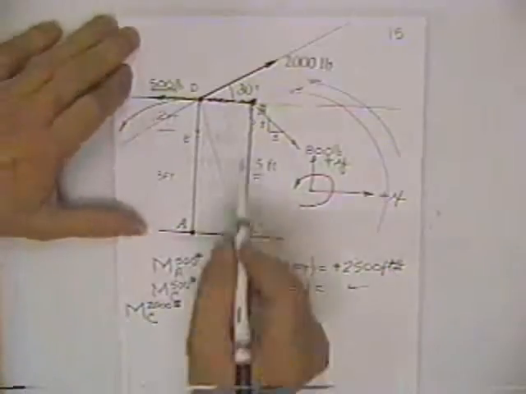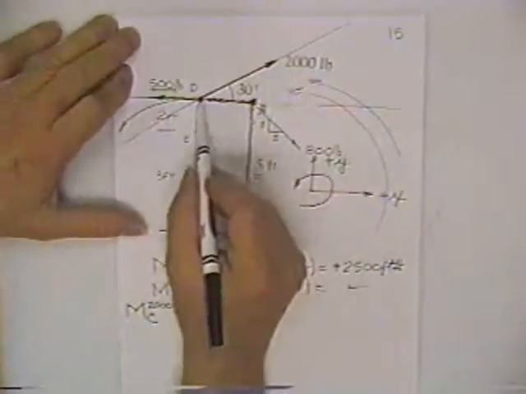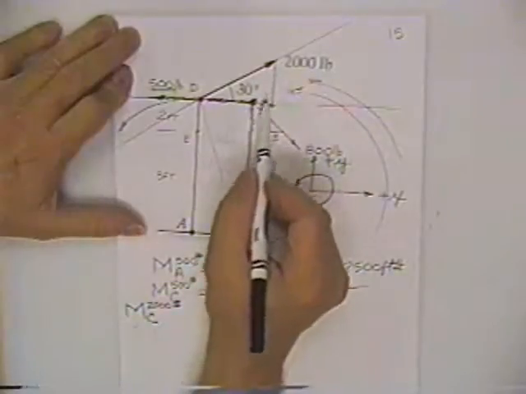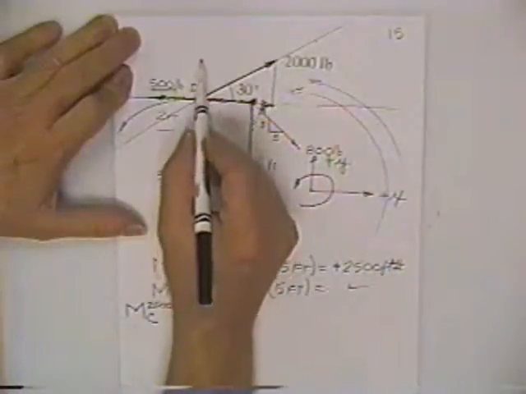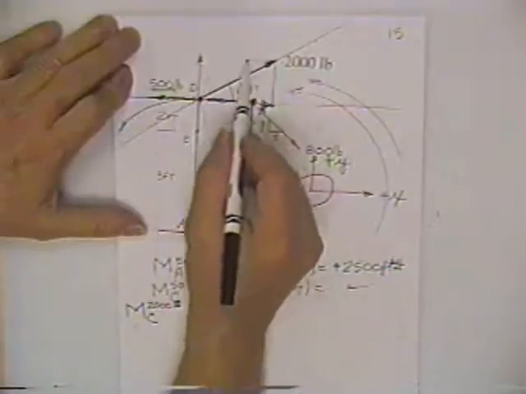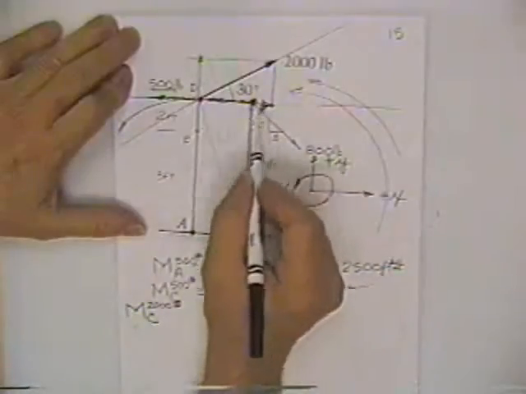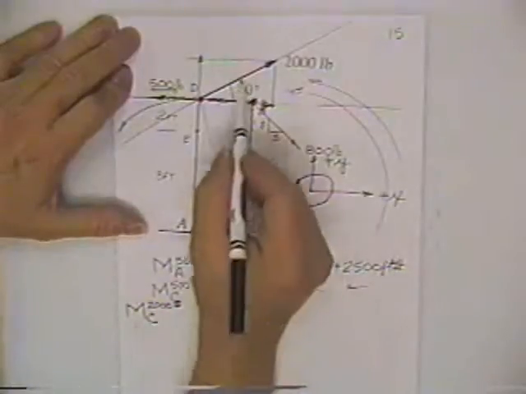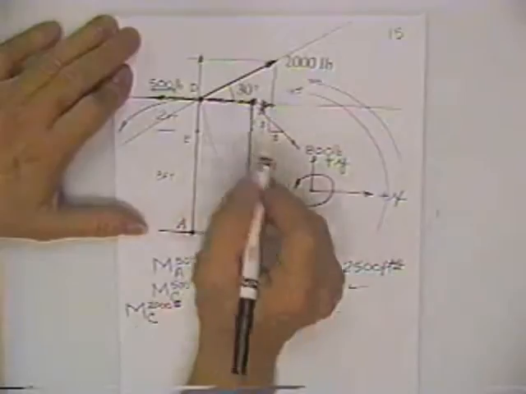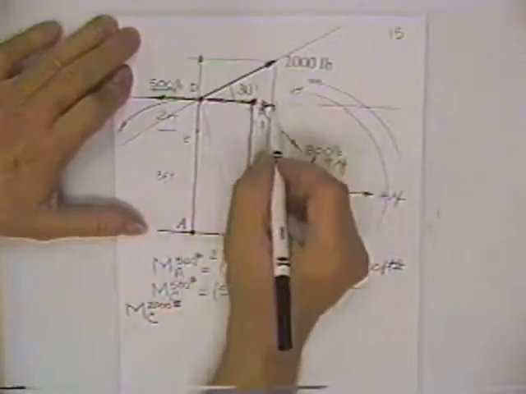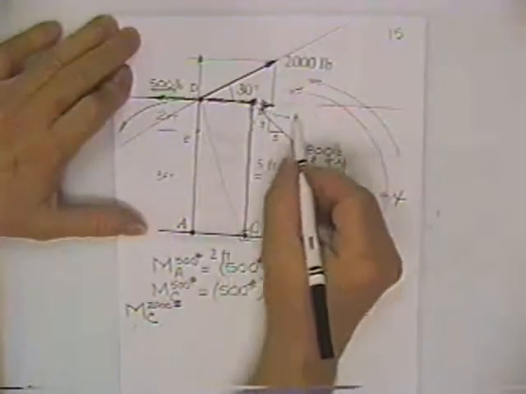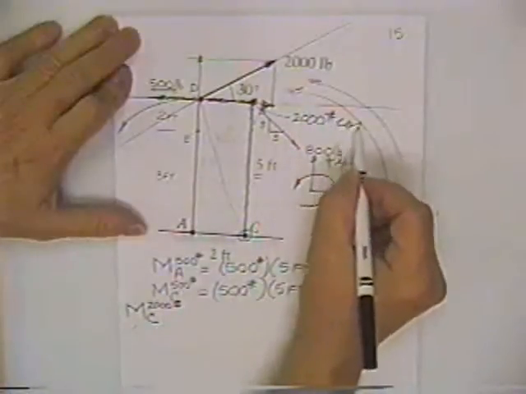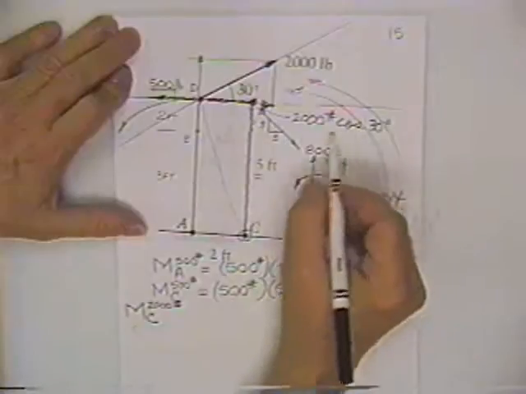It's a lot easier to take the 2,000-pound force's horizontal component and the 2,000-pound force's vertical component and find their tendency to rotate about point C, which is identical to the original force's tendency to roll. So this horizontal force right here would be 2,000 pounds times the cosine of 30 degrees.